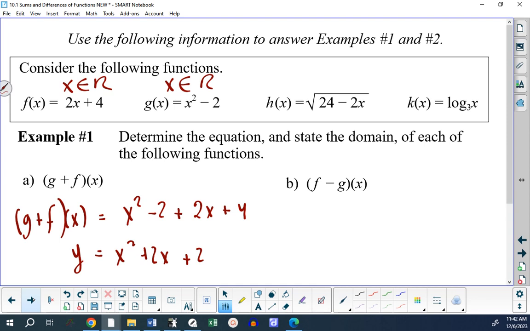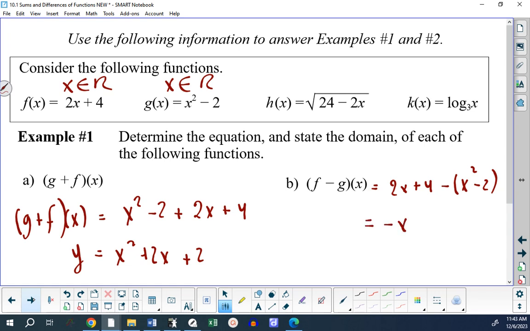F minus g, well, f minus g of x is going to be 2x plus 4 minus x squared minus 2. Simplify it. And again, the domain of the difference of these two functions will be any real number because they both have those domains. So what do I get?